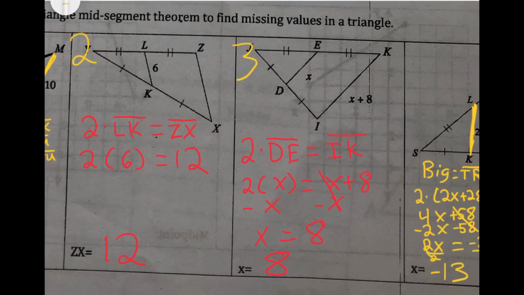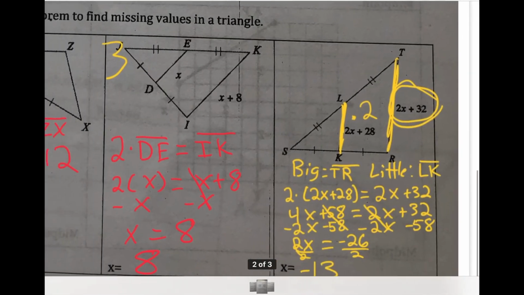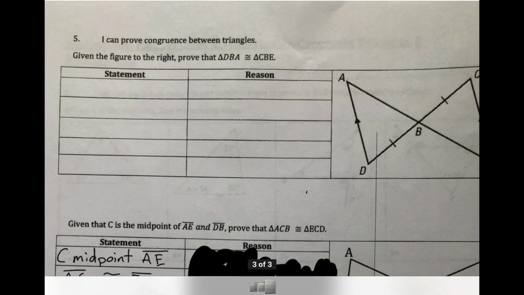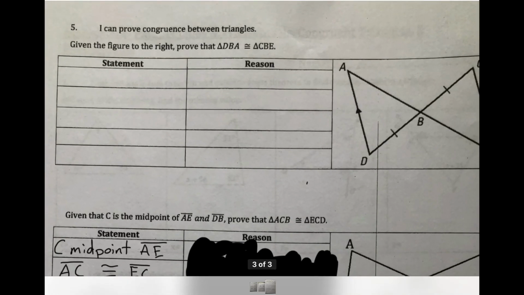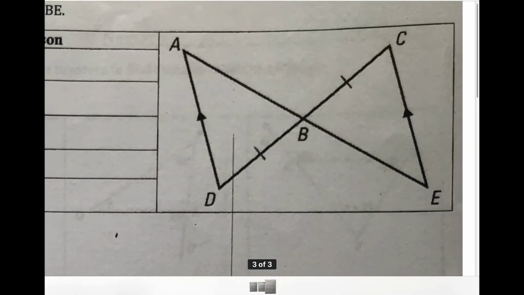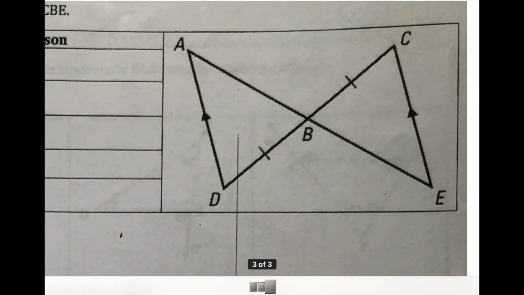Okay. So let's move on. So in section 5, we are told to prove that these triangles are congruent. So the key thing when proving congruency is to use the information that is given. So in words, nothing is given. But if you look at our figure, things are given.